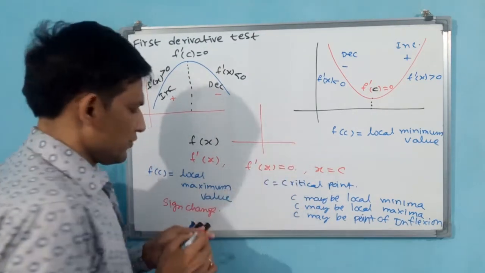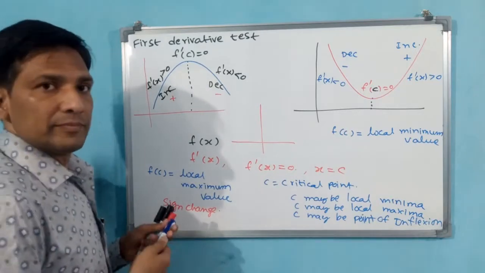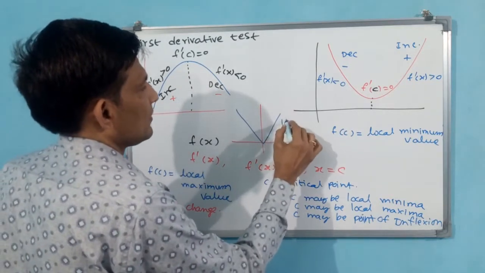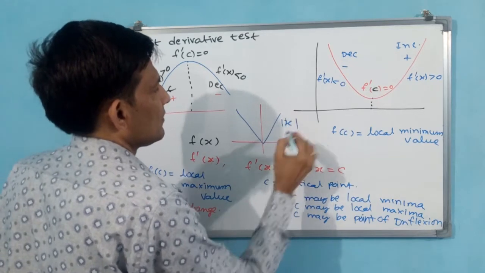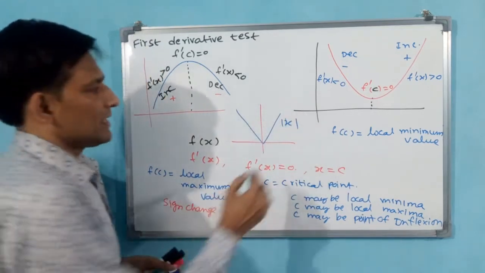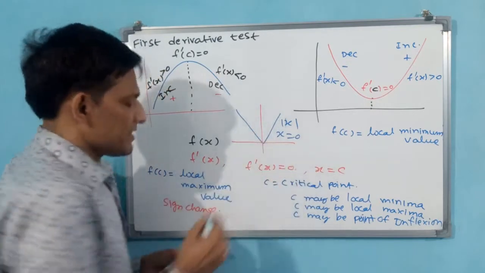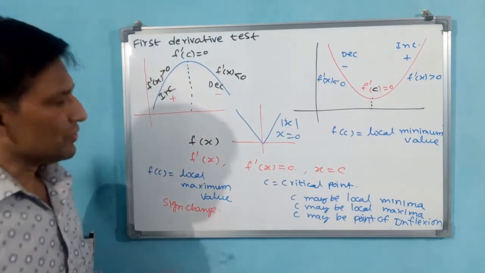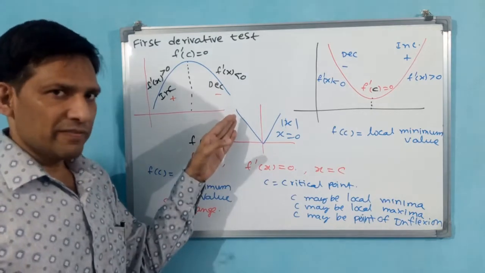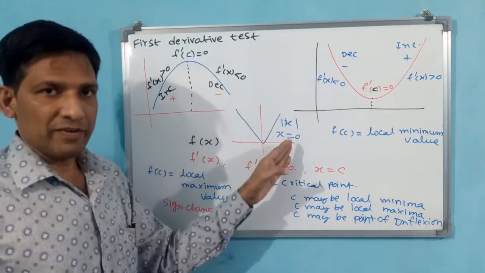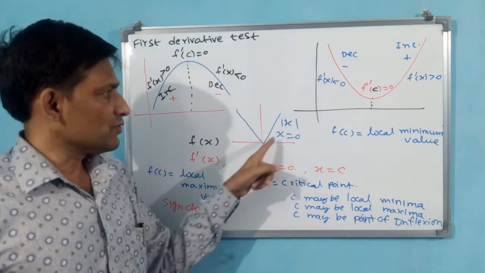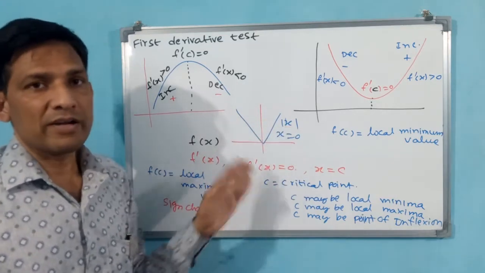One function you also know, modulus x. Modulus x at x equal to 0 is not differentiable. Before 0 it is differentiable, after 0 it is differentiable, but at x equal to 0 modulus x is not differentiable.